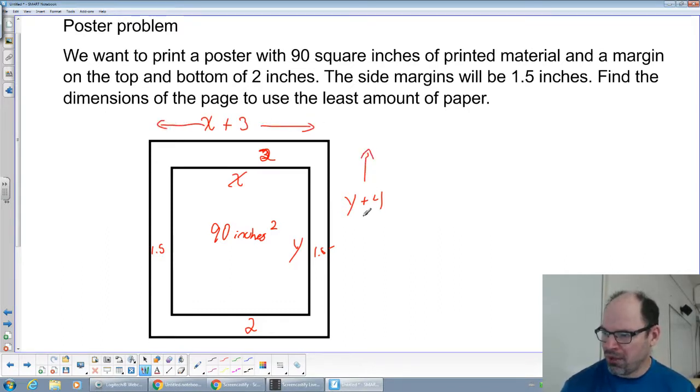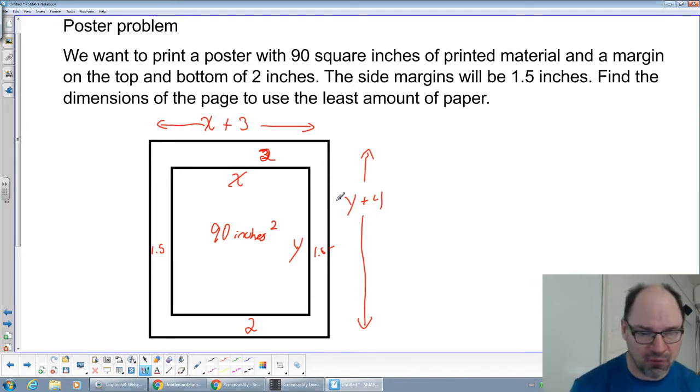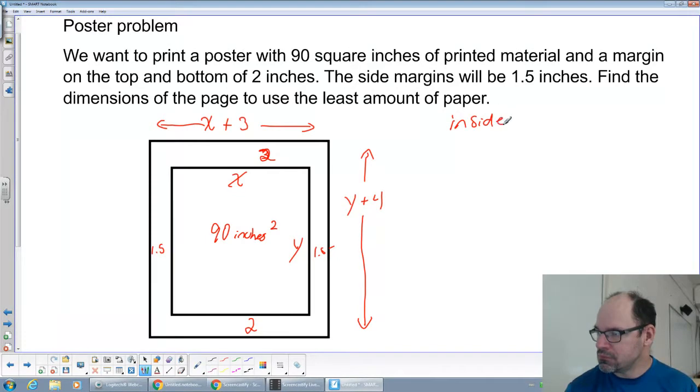Your minimum area that's going to print that out is going to be this stuff here. In this case, we're not using perimeter, we're using two areas. We have to do the inside area. The inside area is X times Y equals 90.